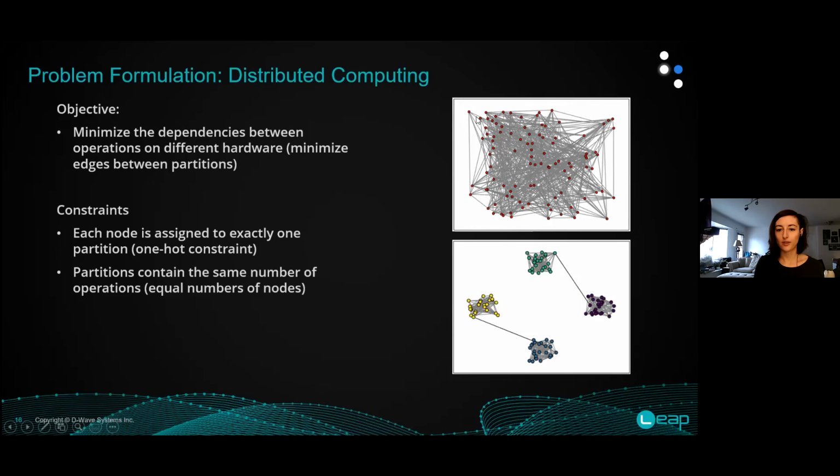So we don't want to assign a node to more than one partition because we just want the task to be executed once. And the other constraint is that we want to evenly distribute the load across all of the compute resources that we have available. So what that means, in this example, is that we're going to assign the same number of nodes to every partition. So partitions are going to be the same size.